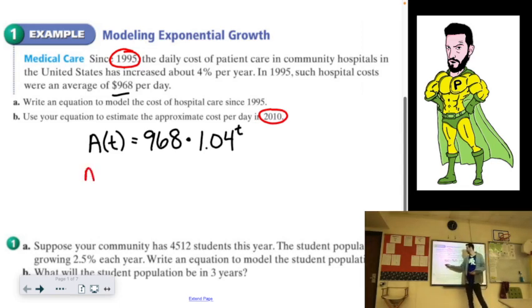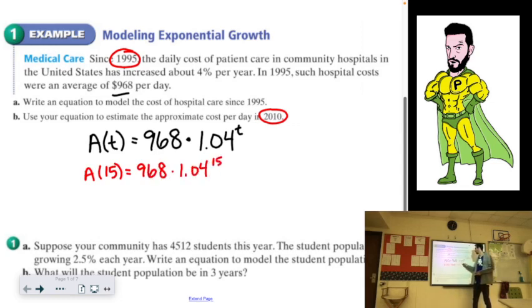So we'll say A of 15 equals 968 times 1.04 to the 15th power. Now make sure you're doing your order of operations correctly. You have to do the exponents first. So if I do 1.04 to the 15th power on my calculator, I get 1.800943506, and it rounds it. Right away, we don't need to write that number.